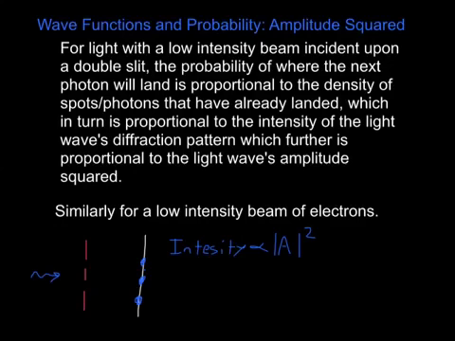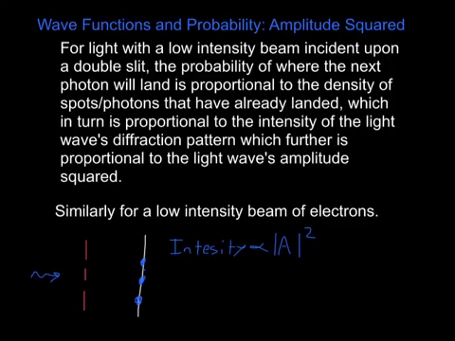Thinking about this in terms of going back to the individual photons traveling through the slits, the density of those spots is proportional to the intensity. So the more dense the spots are, those would be locations where the intensity is high. And so we can say that this intensity is also related to the density of spots.